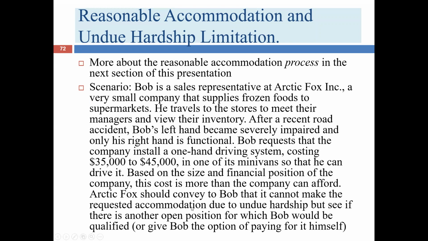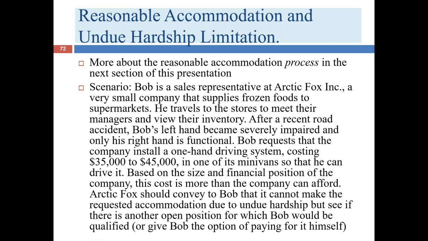Arctic Fox should convey to Bob that it cannot make the requested accommodation due to undue hardship, but Arctic Fox should see if there might be another open position for which Bob would be qualified. In addition, it should give Bob the option of paying for it himself. There may also be some other technology that doesn't cost as much that, again, looking on JAN might make sense to consider.